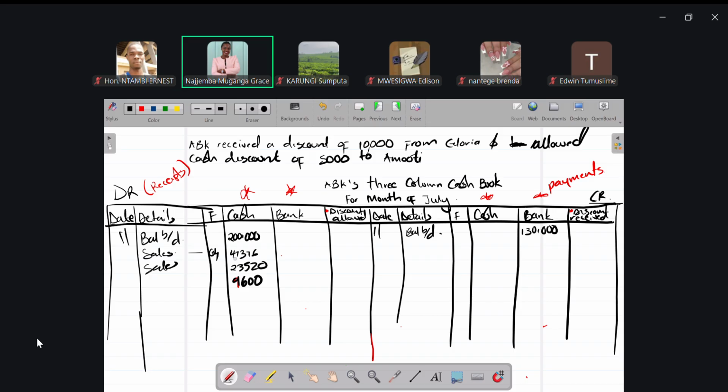It is denoted by letter C to represent a contra. Who is giving cash? Bank. Bank is giving to the cash account.